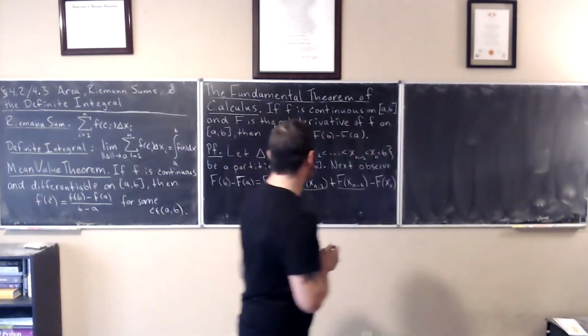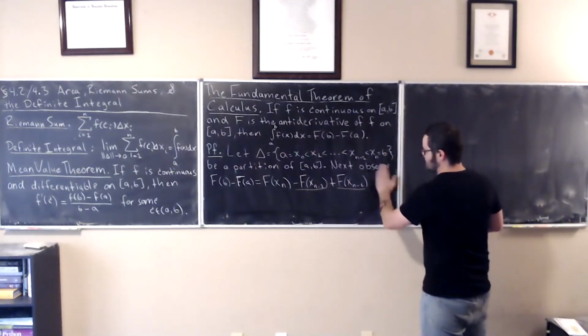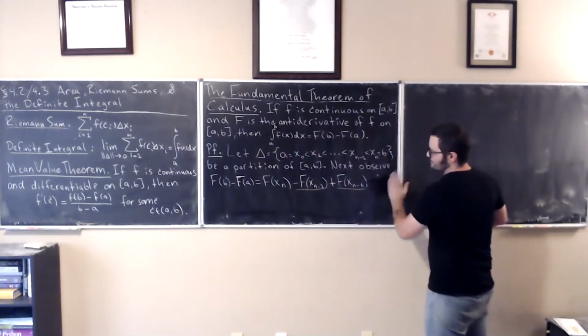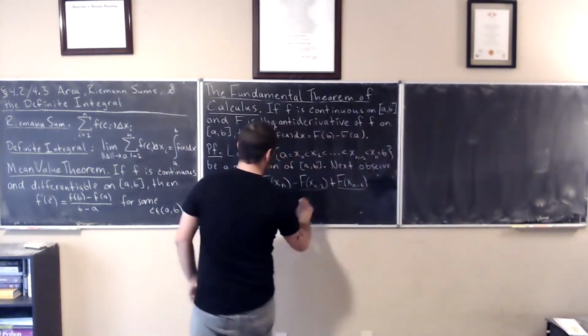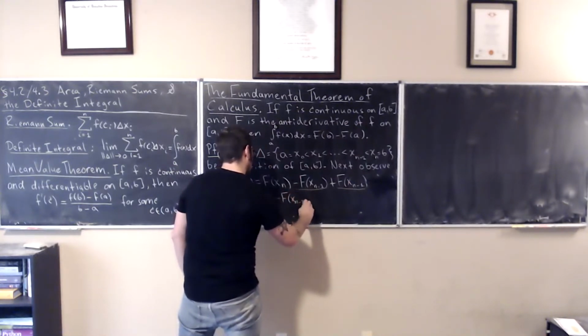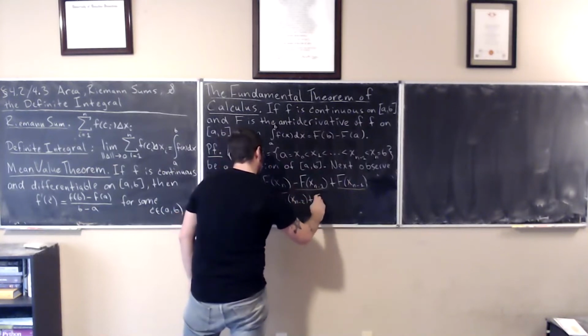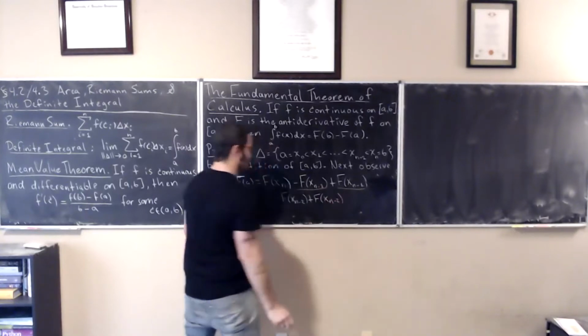Well, instead of stopping there, what I'm going to do is I'm going to keep on doing this zero addition thing. So then minus F(x_{n-2}) plus F(x_{n-2}).